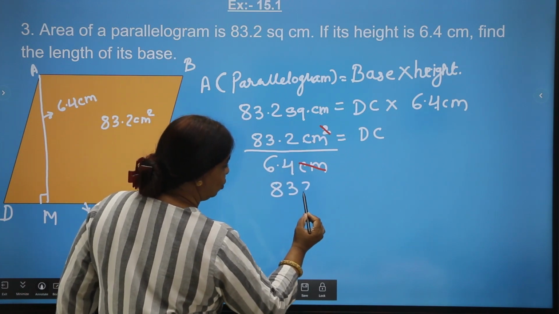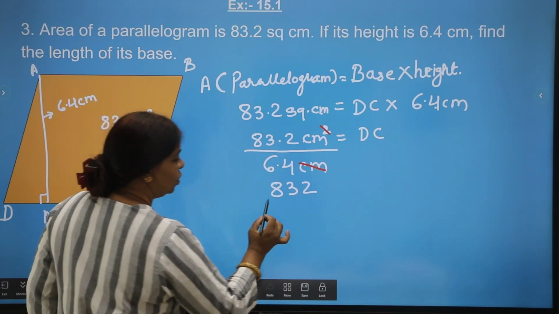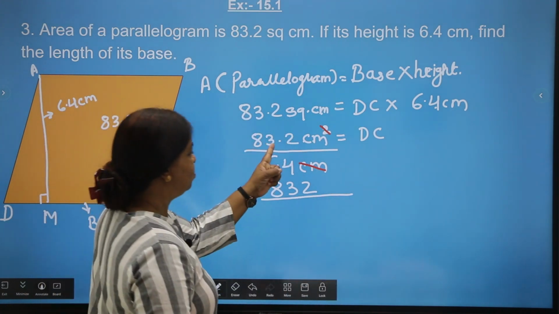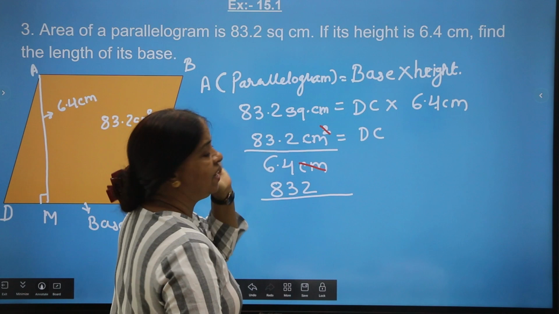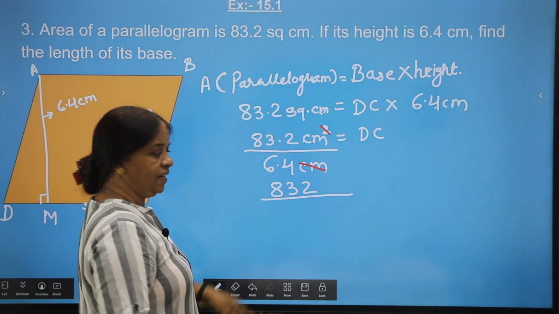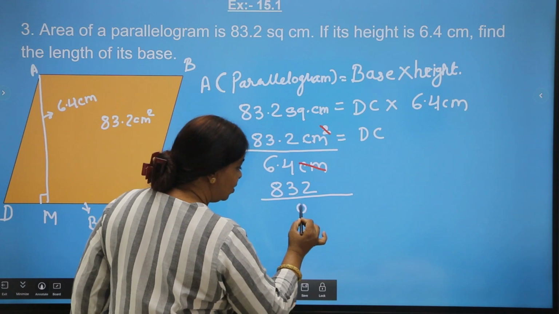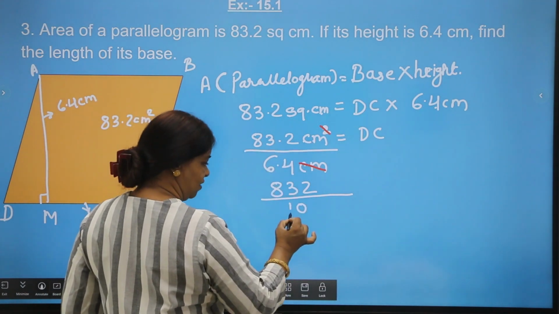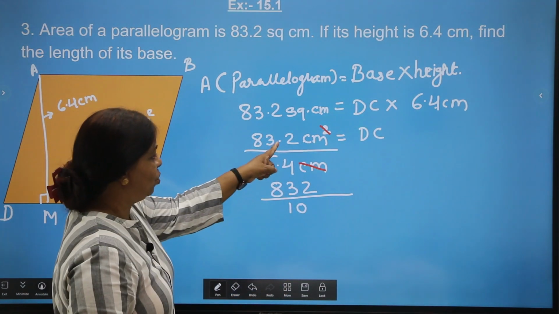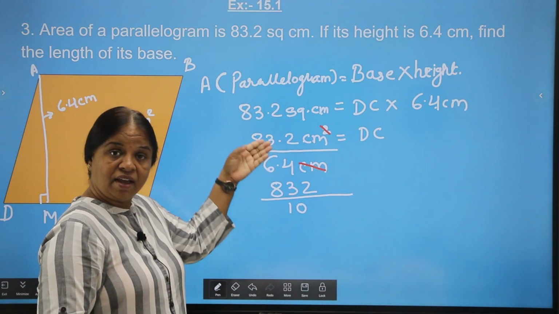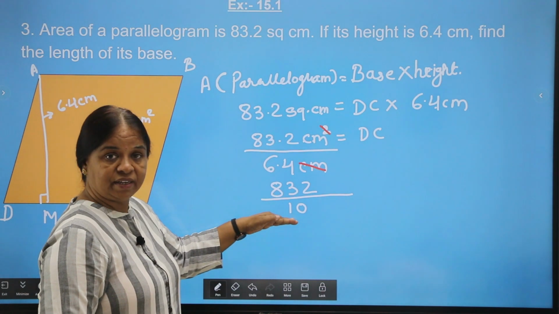So I am writing 2 directly, not writing the point. So where is that point gone? Since there is point and after point there is 1 digit, only 1 digit is there. That means 1 0, and for point 1. This point, to eliminate this point which is in the numerator, I will be adding 0 in the denominator.